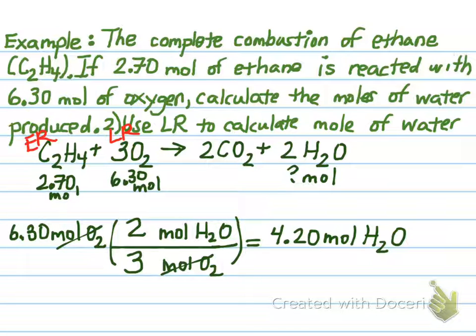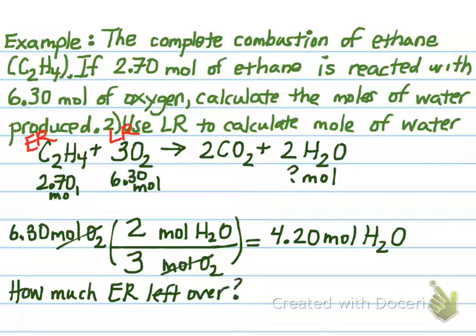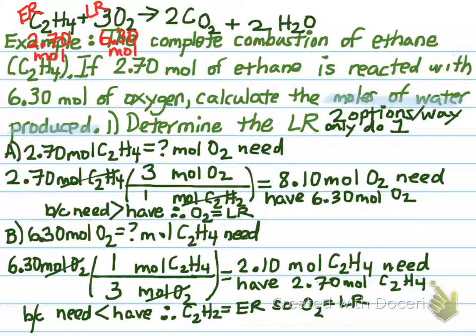Now, the other question that sometimes these problems will ask is how much excess reagent is left over? Well, how would you do that? To do that, you'd go back here and use this information. We know we're going to use this much. This is how much we have.